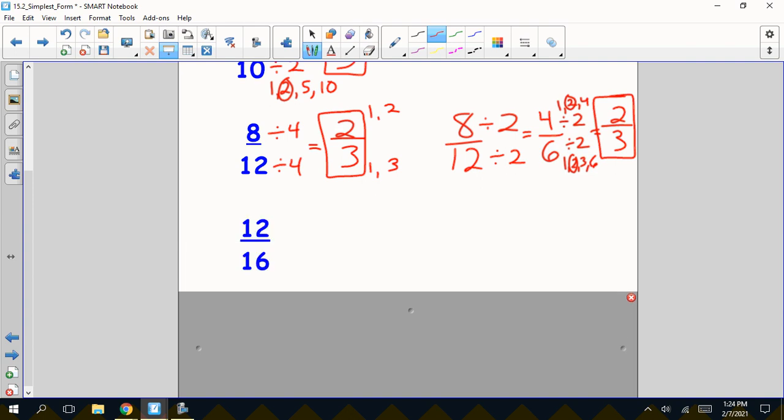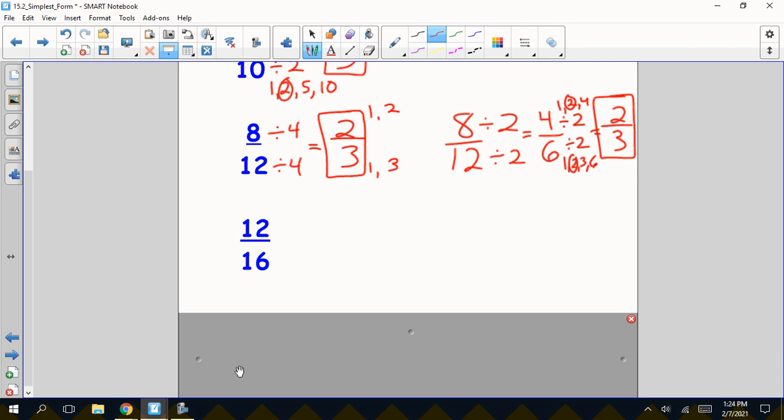Now, sometimes you might get a little bit larger numbers, like 12/16. So we just go down the list. Okay, what gives us 12? 1 times 12, 2 times 6, 3 times 4. Okay, well, what numbers give me 16? 1 and 16, 2 times 8, and 4 times 4.